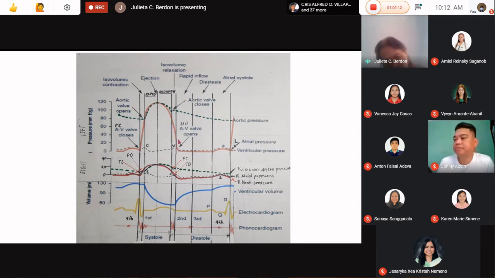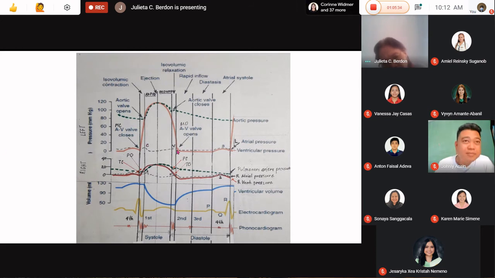There will come a time that atrial pressure is greater than ventricular pressure. So what happens to our mitral valve? Open, Doc. Open.